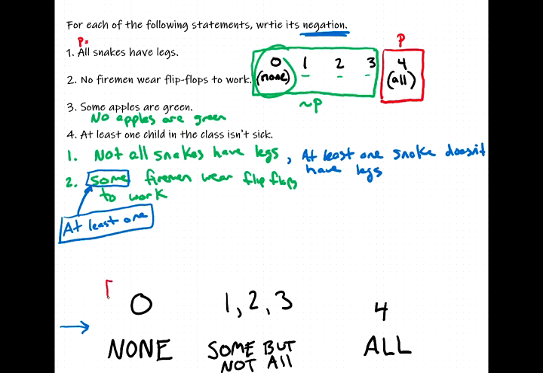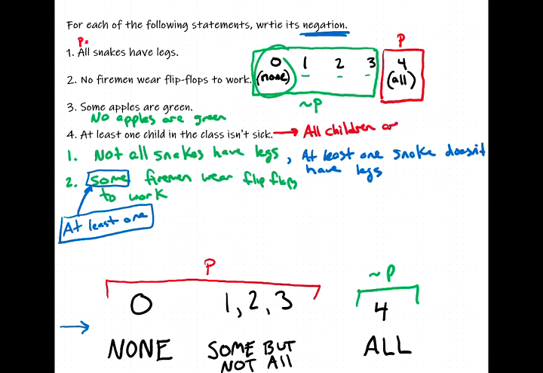You could have 0, 1, 2, or 3 children being sick. But if at least one isn't sick, then you can't have all 4 being sick. So then the negation of that statement would be all. The negation would be all children.